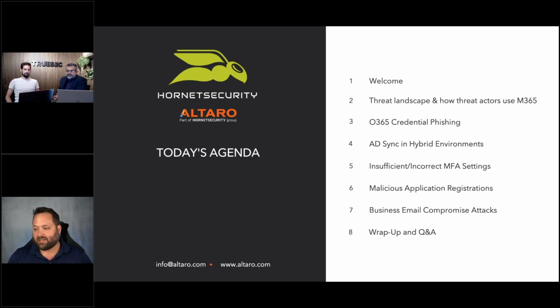Then the guys are going to take you through those 5 critical M365 security areas: credential phishing, AD sync and hybrid environments, MFA settings, whether they're insufficiently set up or incorrect, malicious app registrations, business email compromise attacks, and so on. Lots of great content, and at the end we've got some wrap up and Q&A.